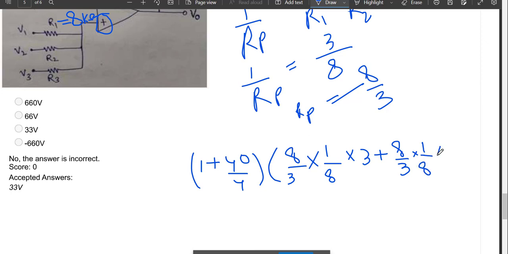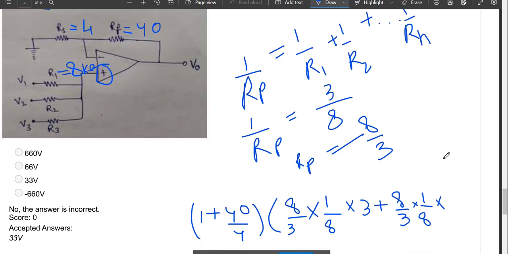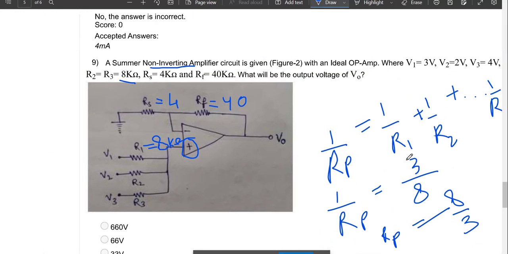Ma'am, explain again. Okay, from where do you want me to explain? Should I explain all from the start, from the formula? Yes, ma'am, the formula is a bit not clear.